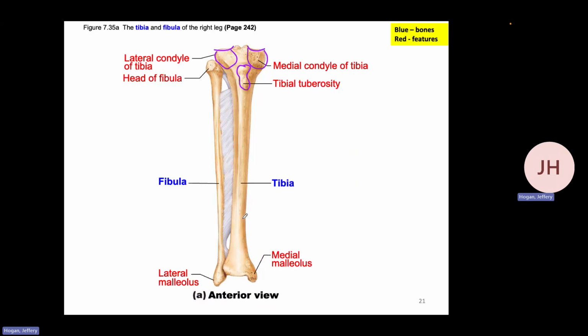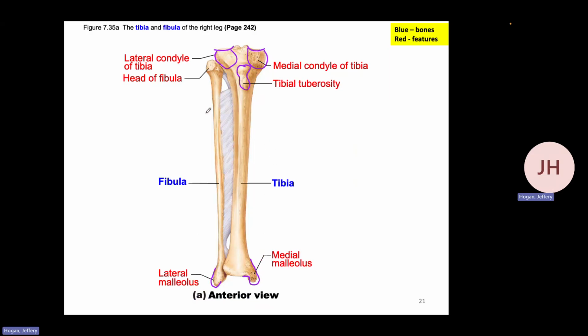And we can move distally down, and we see some similarities between the arms and the leg, right? Where we have a styloid process in the radius and ulna, we have a similar structure that's just a little bit broader. These are the bumps on either side of your ankle, the medial and lateral malleolus.